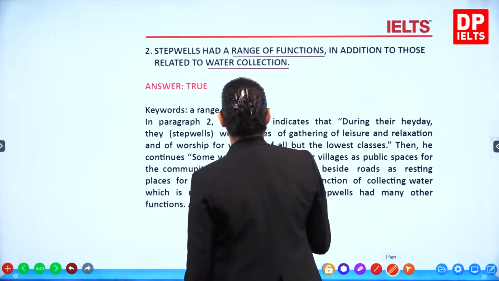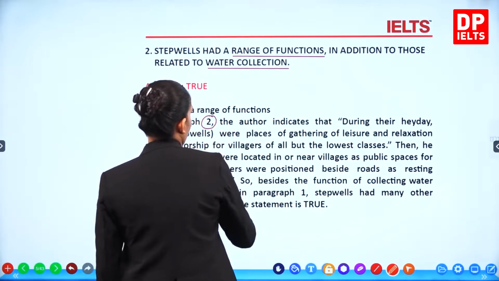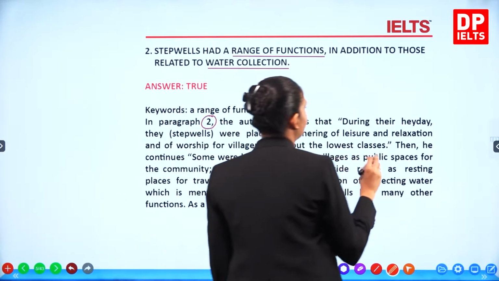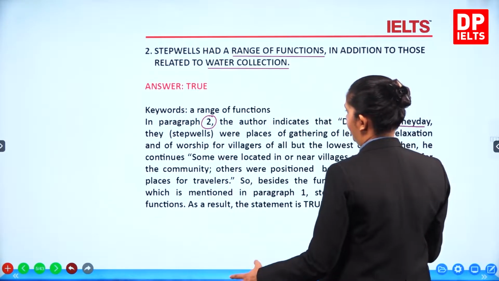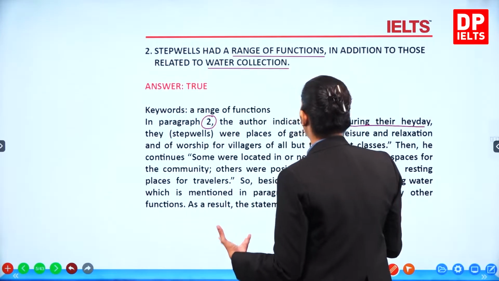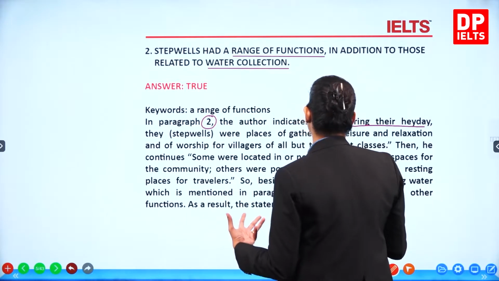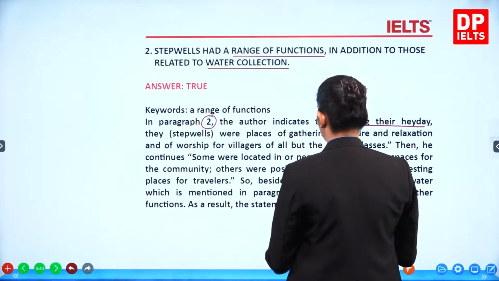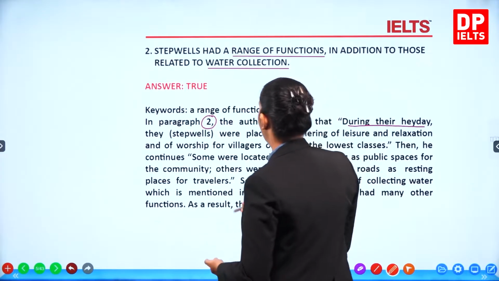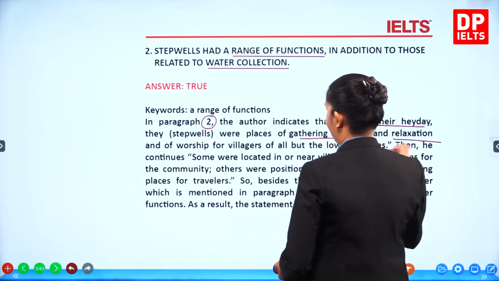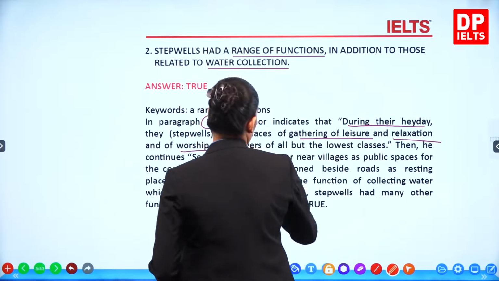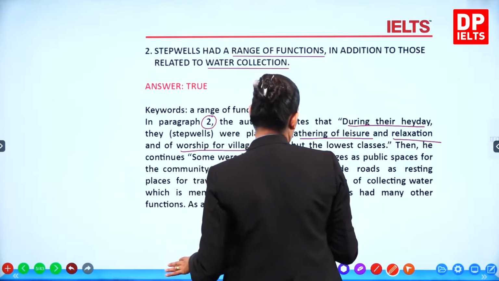Let's go to para 2. Author says, during their heyday, the step wells were places of gathering, of leisure and relaxation and of worship for villagers. Okay, so these places were for gathering, leisure, relaxation, worship of villagers, but all of the lowest class.